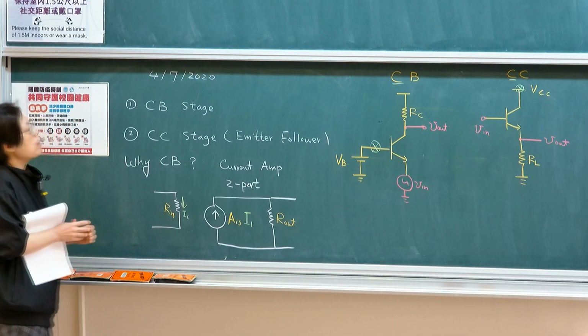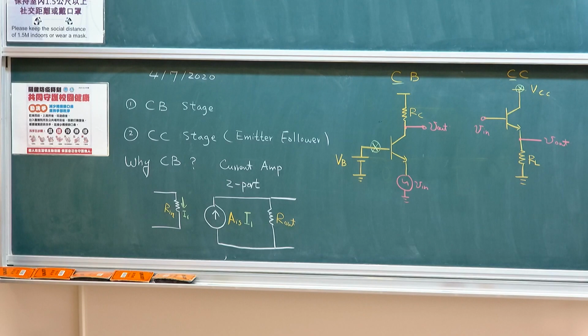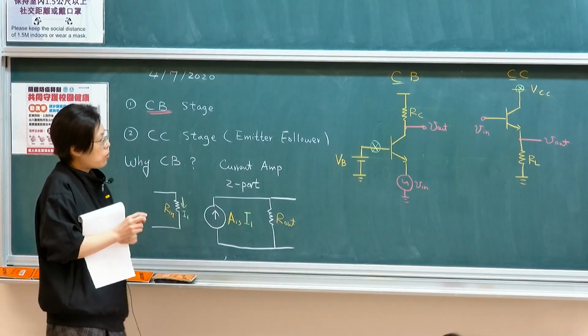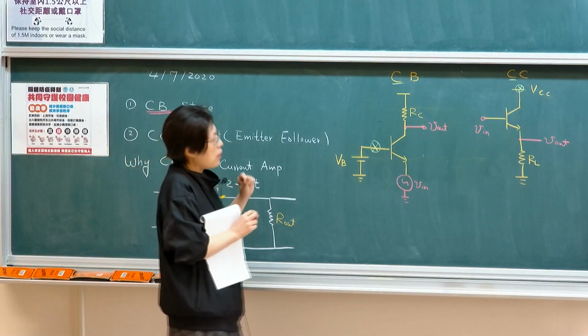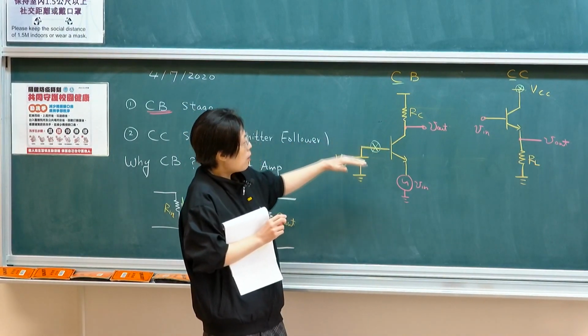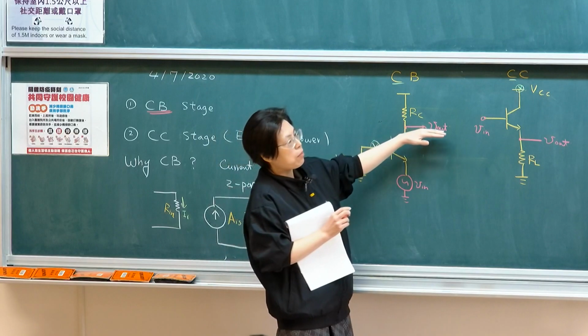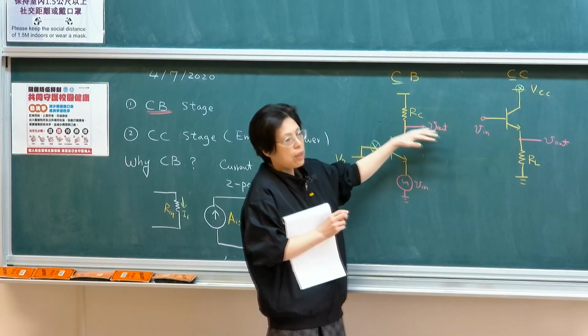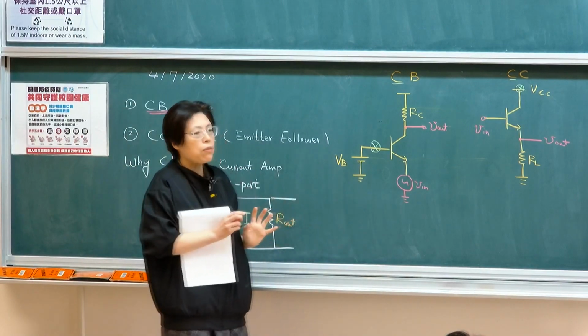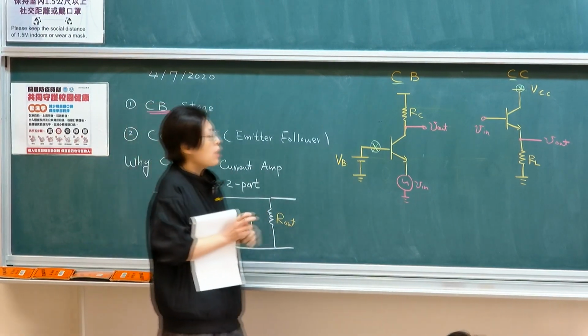So what we're going to do is, as I said, there are 2 more stages to go. So we're going to first introduce what we call the common base stage. If you look at the structure, the stage we already talked about is that if you input in from the base and output from the collector, this gives you a common emitter stage. But what if we change our input terminal?